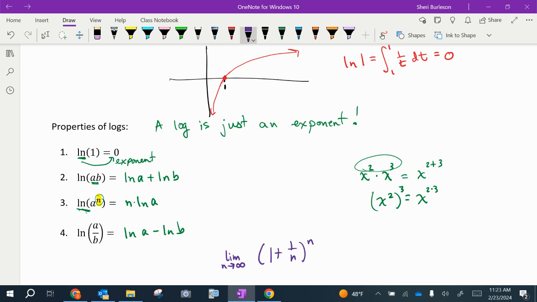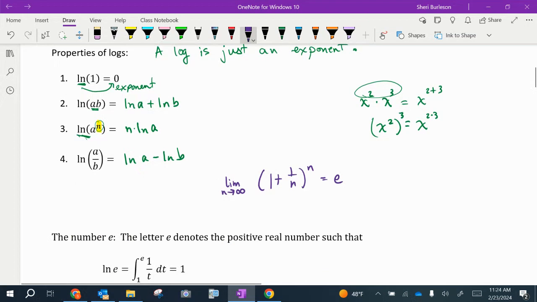We didn't actually get limit notation yet in pre-calc, but the idea is as n approaches infinity, this function is going to approach e. So that was our definition in pre-calculus, basically, of what is e. And we did some work with it, where if we just plugged in larger and larger n values, we were approximating the e value.